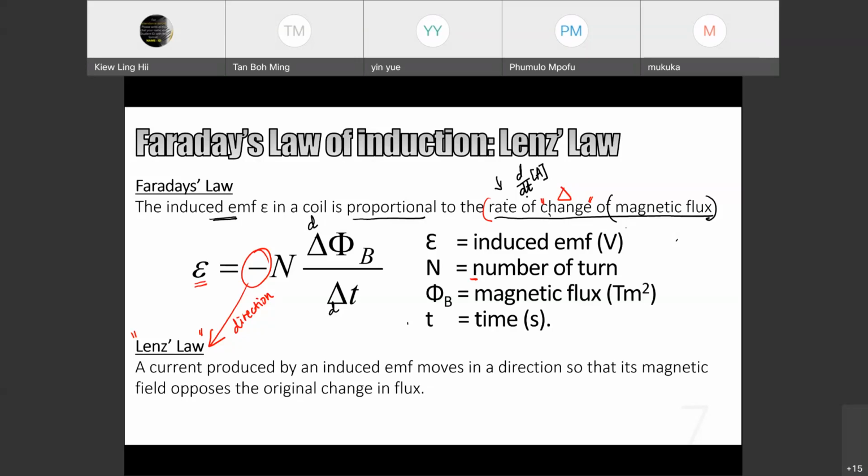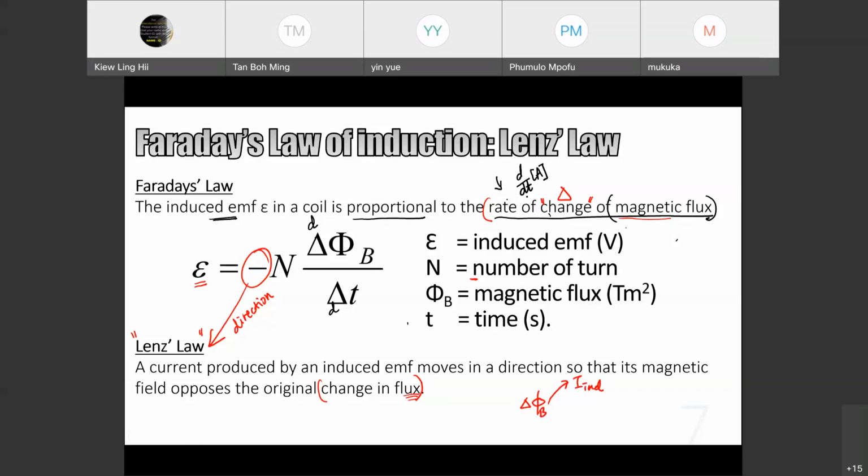Okay, so because of the change in the flux originally, the coil will induce an induced EMF. From our topic 9, we know that when there is current, there is magnetic field.